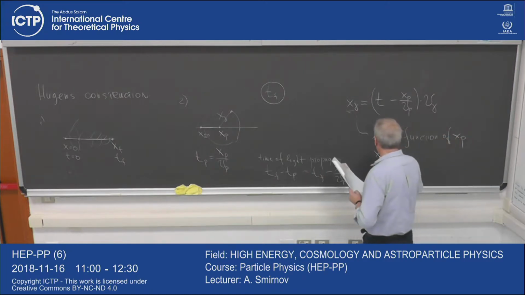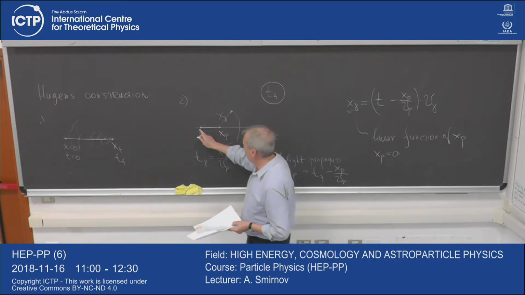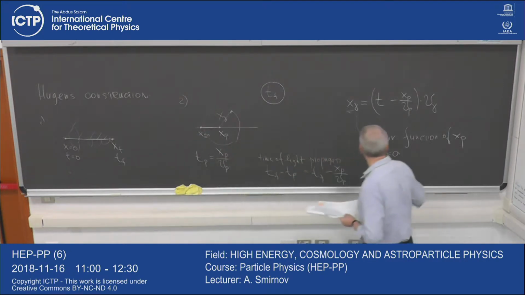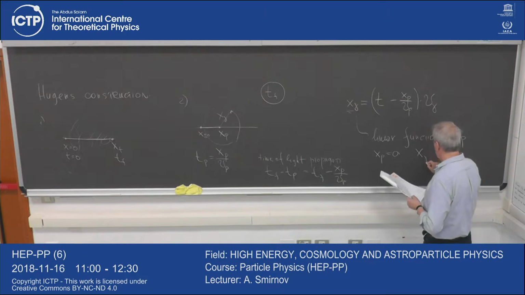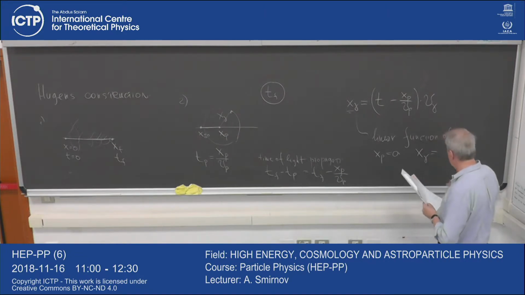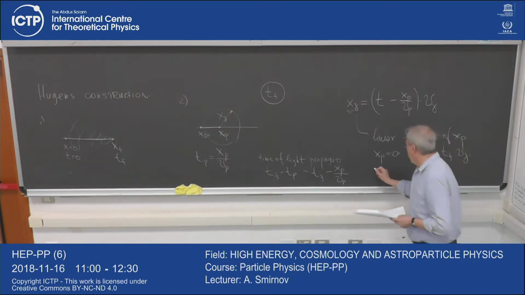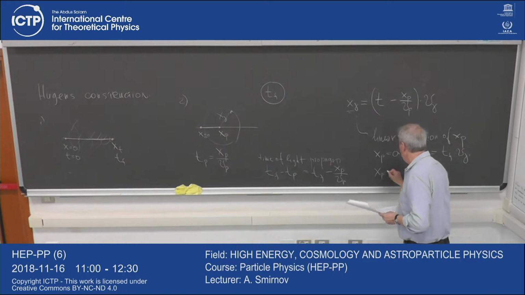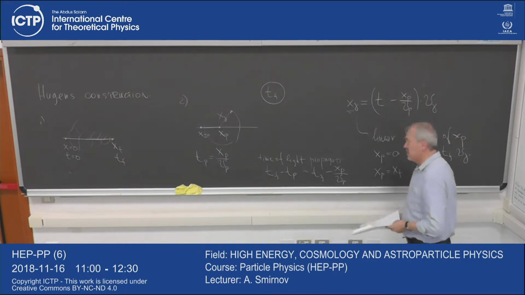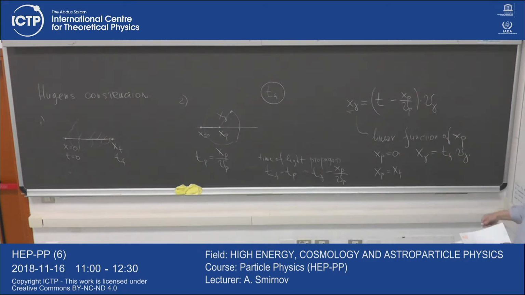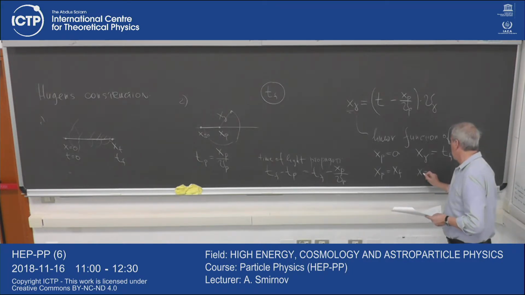When xp is 0, we are considering light emitted from the initial point, then x gamma is given by Tf multiplied by V gamma. Now, if xp equals xf, the final moment of time, there is no time for light to propagate, and therefore x gamma is 0.